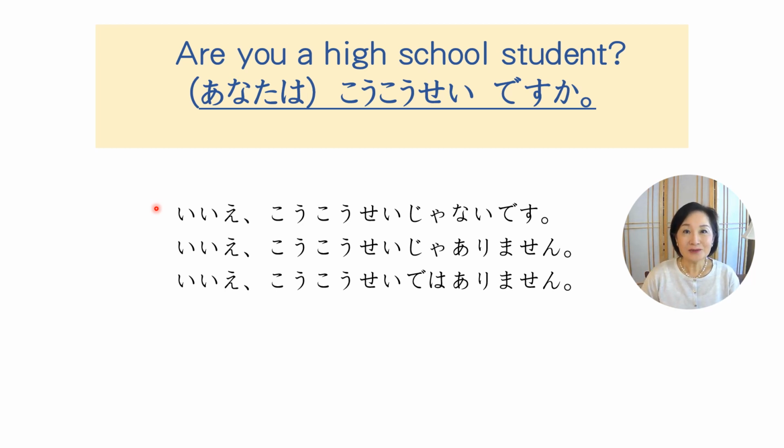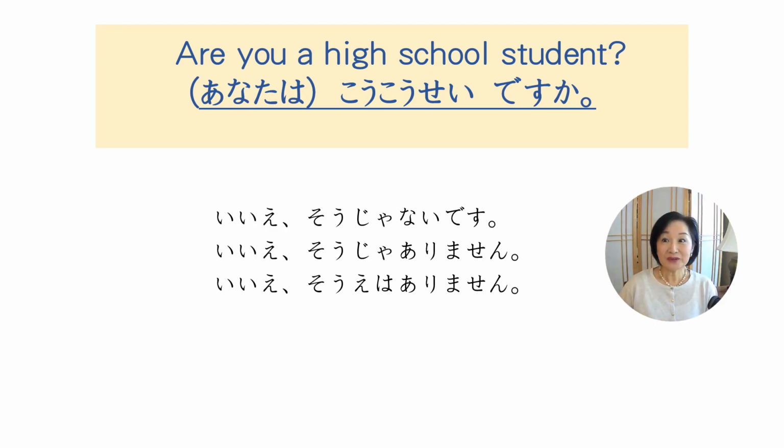いいえ、高校生じゃないです。いいえ、高校生じゃないです。Good job. Now, if you can say this whole sentence without having a pause, then that's even better. So let's practice. Please repeat after me. いいえ、高校生じゃないです。And if you use the word so in your response, that's also good.